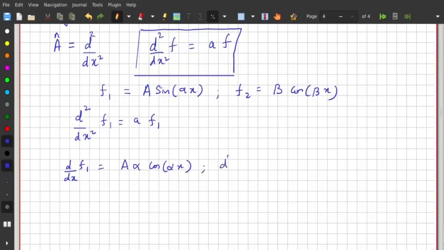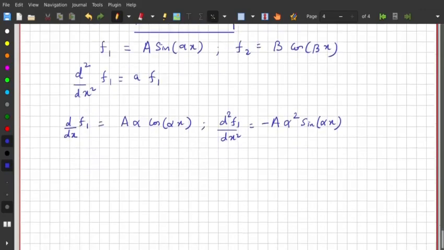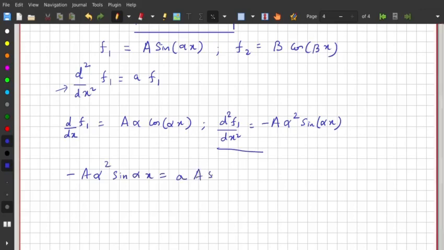The second derivative of f1 with respect to x is a, and you get another factor of alpha, so it becomes alpha square, and cos becomes minus sine alpha x. Now let's substitute this into the eigenvalue equation. That becomes minus a alpha square sine alpha x equals a times a sine alpha x.